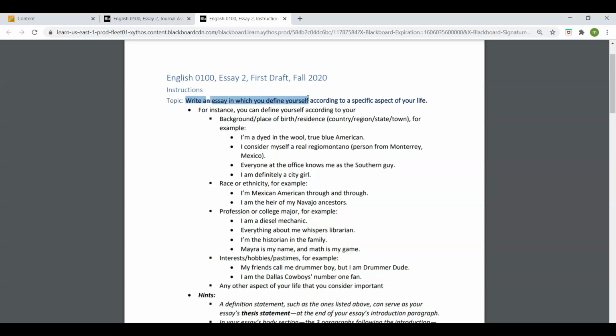That means you give a definition of yourself according to a specific aspect of your life. So to say I'm a nice person, no, that nice doesn't mean anything. All right, and I don't think anyone did that, but I always pick on that word because nice doesn't mean anything. All right? I know what it means. Obviously, it means something, but it's so undescriptive. It's so empty, right? Such an empty word.